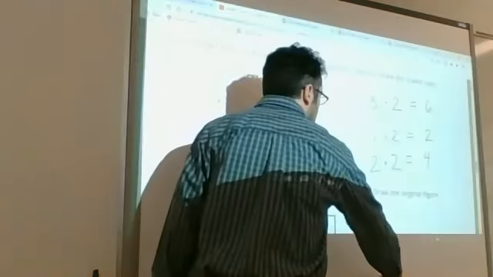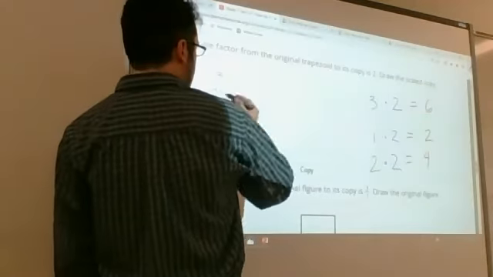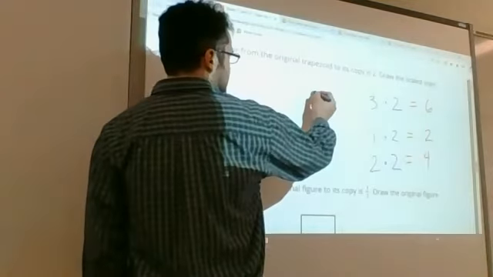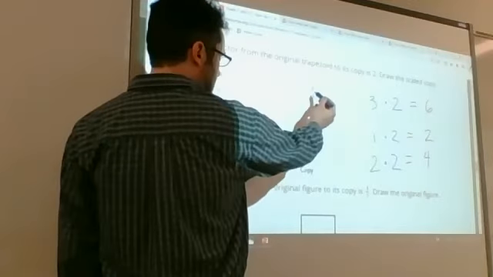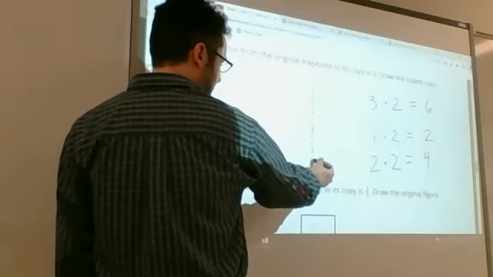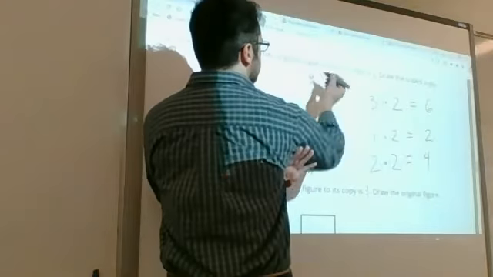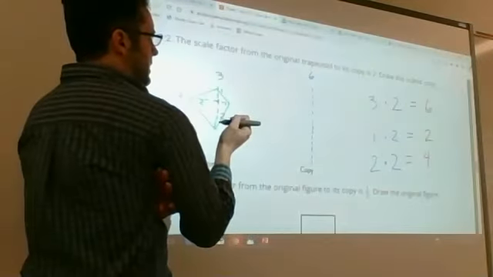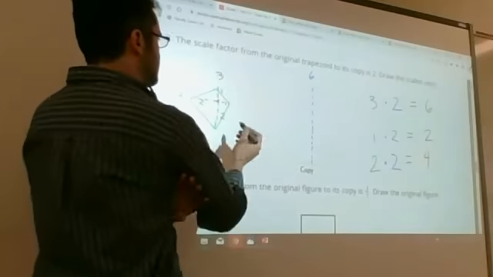So now I'm going to draw the copy. So I know that the line needs to be 6 squares long. It's going to be much bigger. Okay, so there's my top to bottom line, 6. And then I know the other line is going to be 6, but I got to make sure it's in the right place.